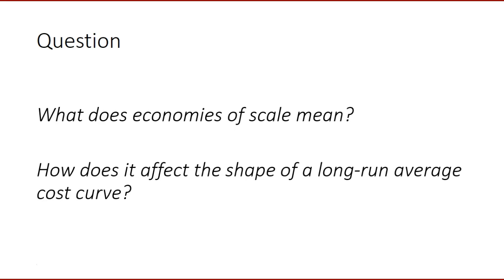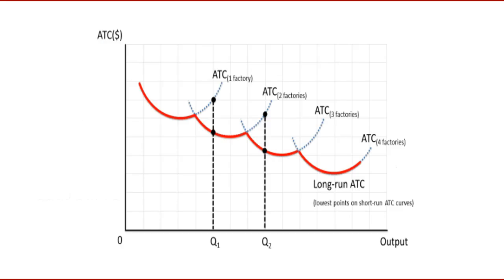All of this means that when a firm increases its scale, the average cost of production in the short run will decrease. And this means that the short run average cost curve will shift to the right and down at the same time. Here's a representation of what I mean.